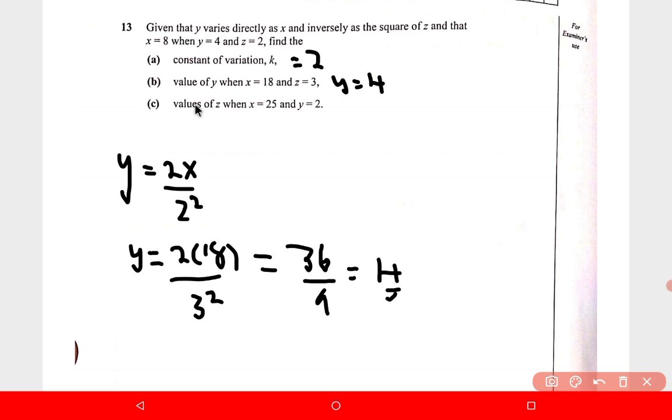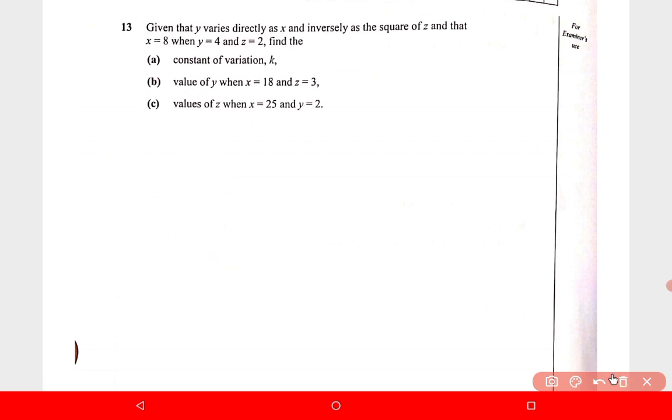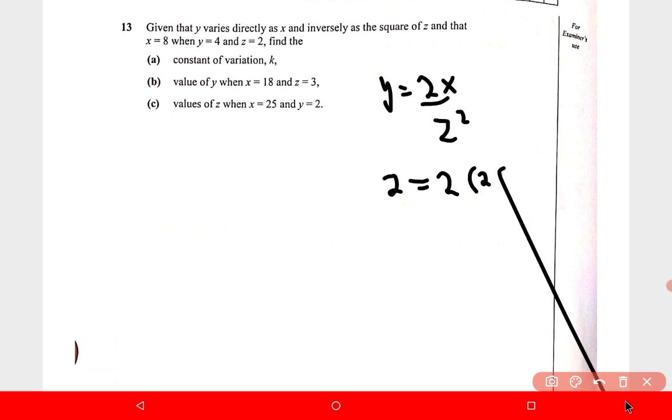Then the last one here, find z. We're going to use the same formula, y is equal to 2x over z squared. Y is 2 now, x is 25, and we just say z squared.